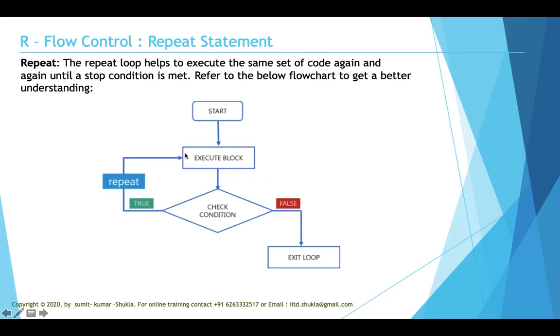Next, it will check the condition, and if it is true, it will go back to the execution block, and with the same set of code, it will execute until the condition becomes false.